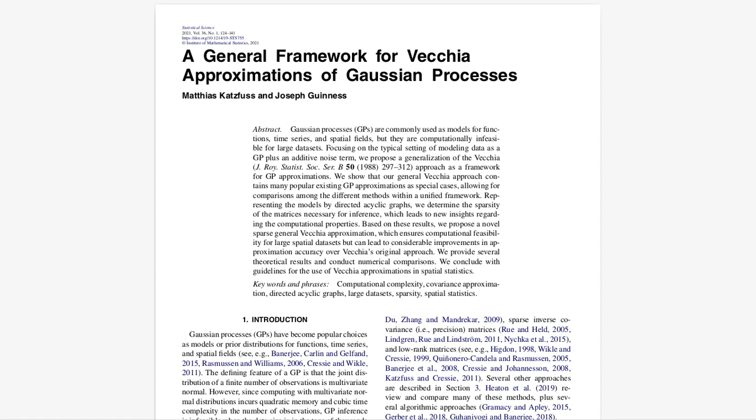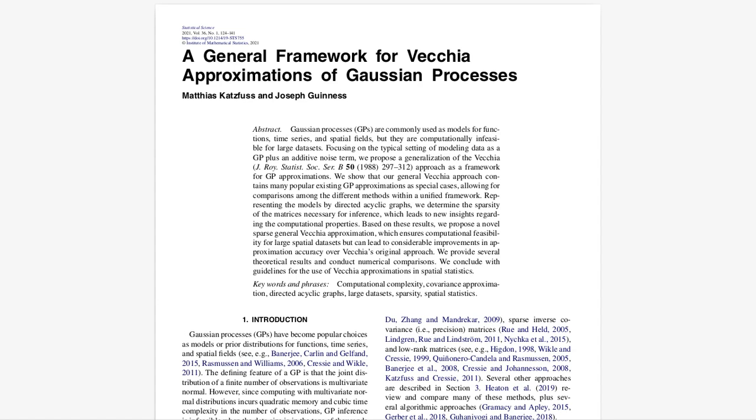And imagine the insights we could gain by applying Gaussian processes and Vecchia approximations to these complex networks. We could understand how information spreads, how diseases propagate, how traffic flows through a city. That's incredible. Like the potential impact on everything from public health to urban planning is huge. Absolutely. It really highlights the transformative potential of these techniques.